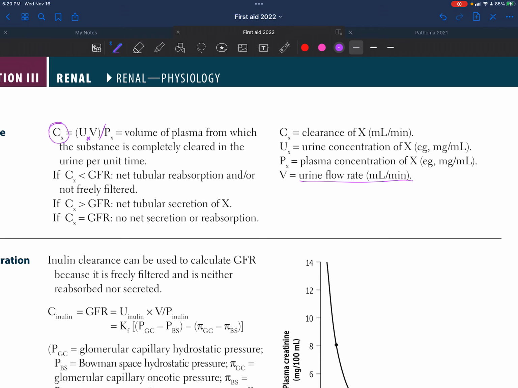So how much does the plasma contain of X? That equals the clearance of that specific solute.